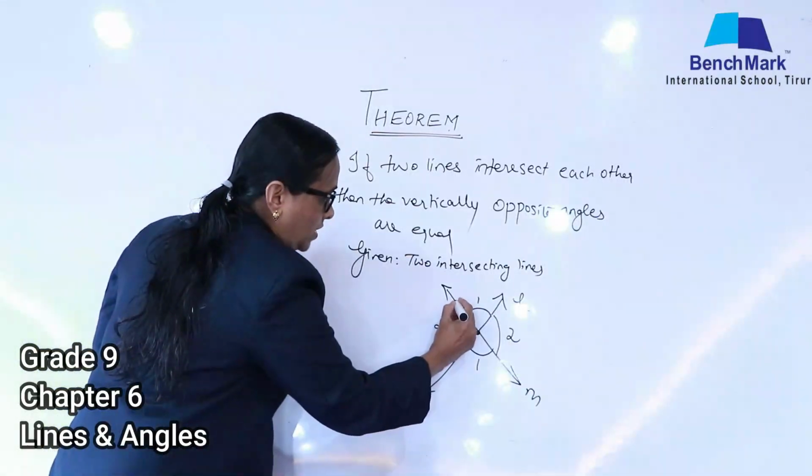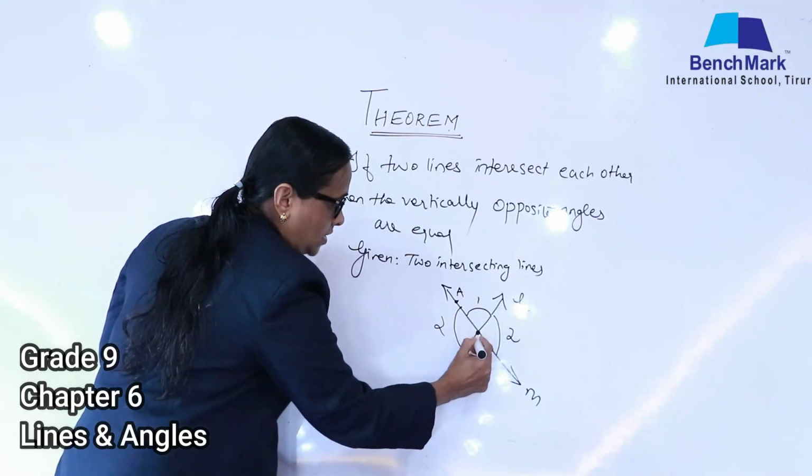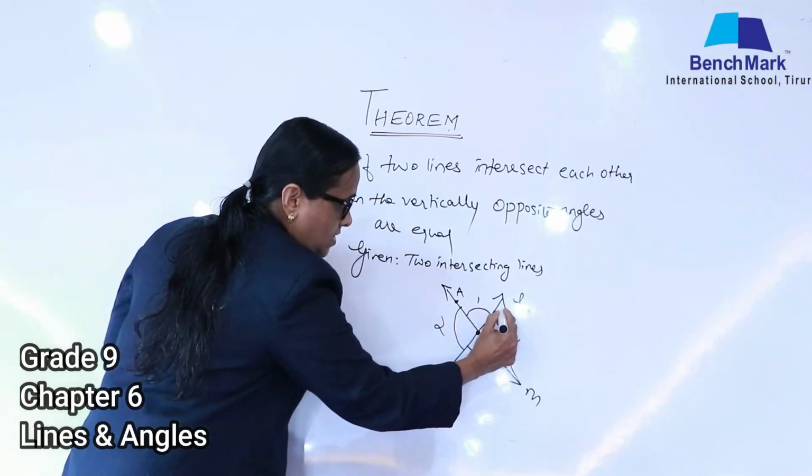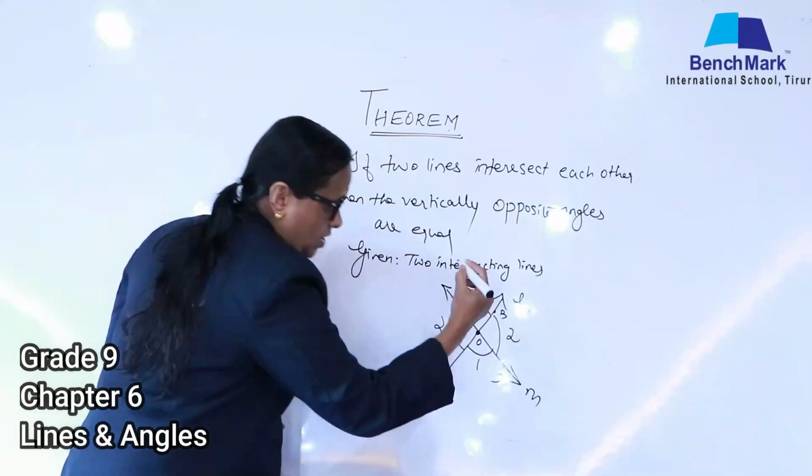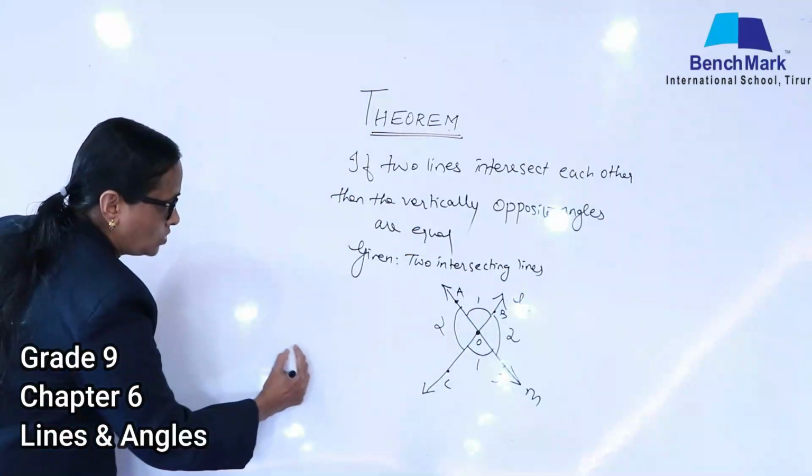Let me name the figure. Let it be A, and the intersecting point I'll call O. I'll write this as B, this as C, this as D. So what is to be proved?